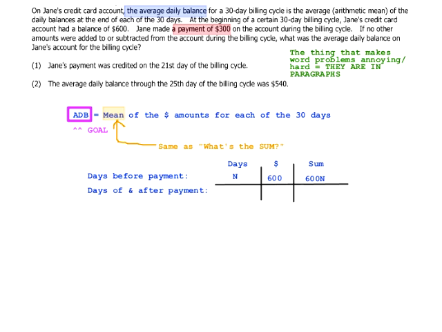But then you have 30 days in the cycle, so the remaining days are what's left out of 30. The balance on those is going to be $300, since she paid off $300. So the sum is going to be 600n plus 9,000 minus 300n. And we don't even care about simplifying that any further, because this is a linear expression that has n in it.